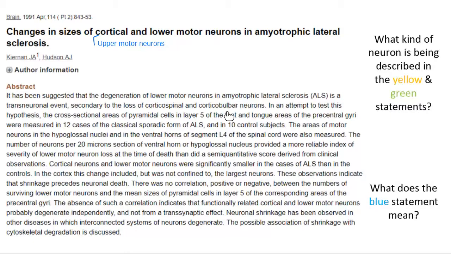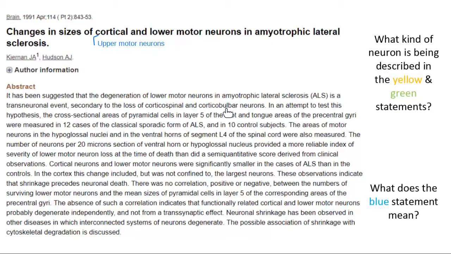So we're looking at motor pathways from the brain to the spinal cord that would help us with general movement, and from the brain to the brain stem that help us with some of those functions like eating or talking.